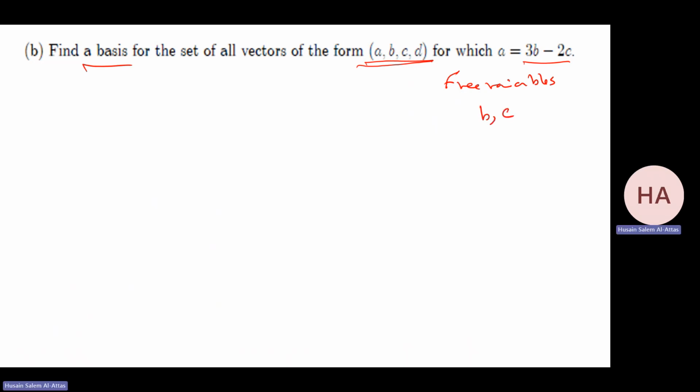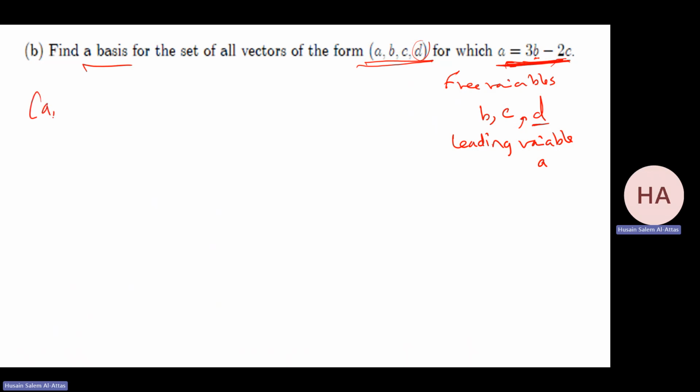No, also D, because there is no restriction on D. The only leading variable is A. D has no restriction, so it's a free variable. B and C also have no restriction, so they are free variables. So the number of free variables is 3, not 2. D can be any value because it is free.